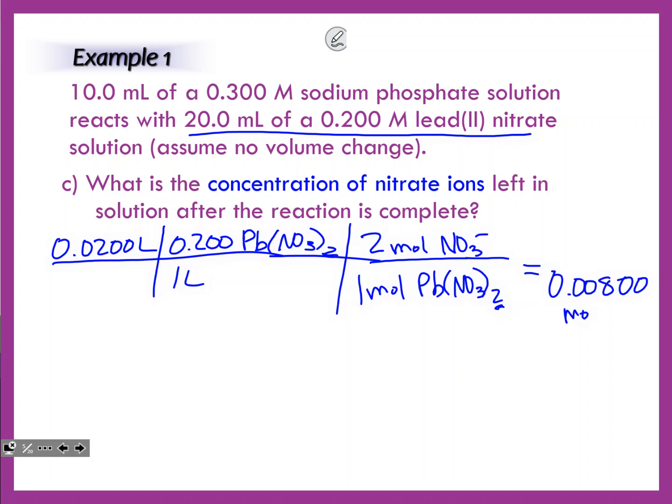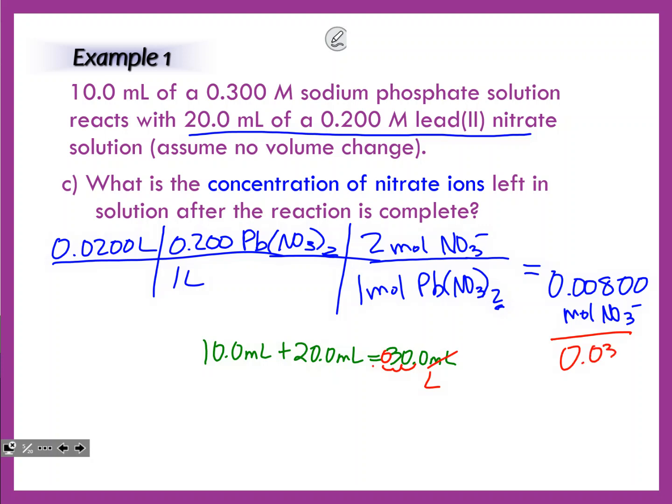So this is the moles of the nitrate. And we know none of it reacts, so that's going to be the total moles after as well. And our new volume, remember we have 10 milliliters plus the 20 milliliters, so that's going to give us 30 milliliters total. And we can just move this over, right? Change it to liters. So we divide this by the liters, and we get our concentration.